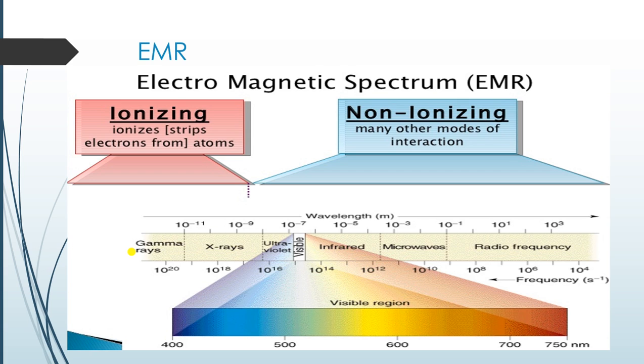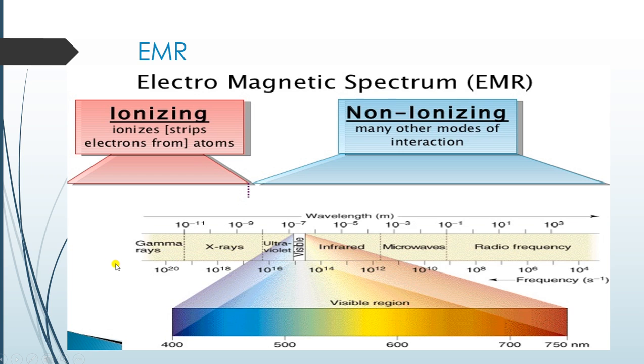Whereas gamma rays and X-rays come under ionizing. In this diagram you can see 10 raised to minus 11, and here 10 raised to 20, which is for the frequency. If you go from the left-hand side toward the right-hand side of this diagram, you can see the energy goes on increasing.